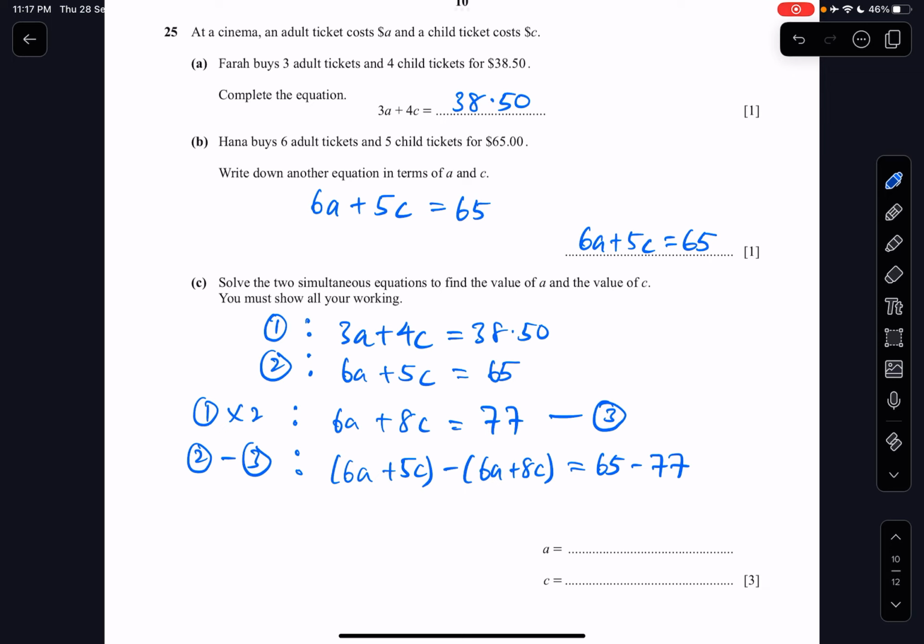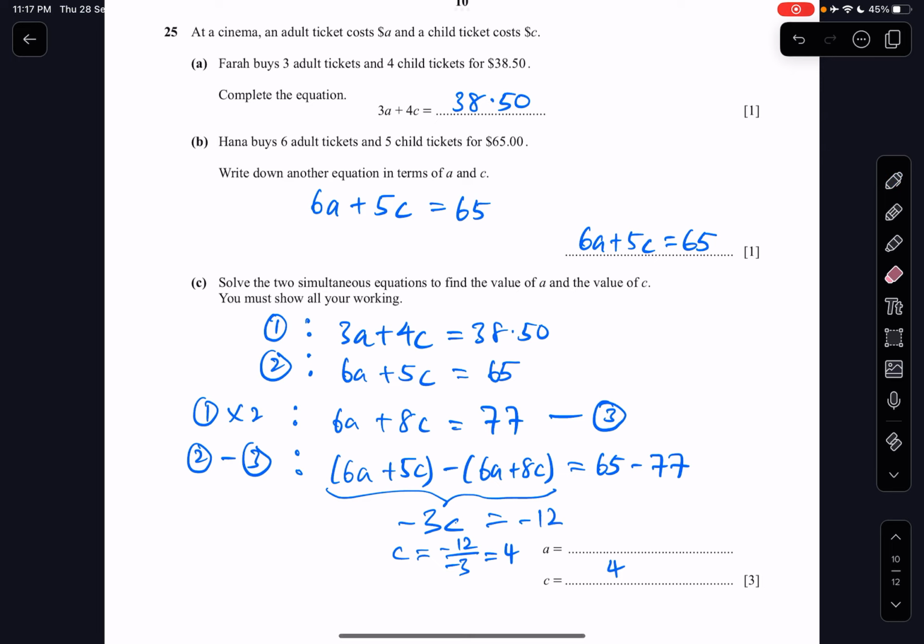When I simplify this expression, I'll have 5C minus 8C, which is negative 3C, and 65 minus 77, which is negative 12. From here, negative 12 divided by negative 3, I'll have 4. So I know that my C is 4. I just need to substitute into any of the equations.